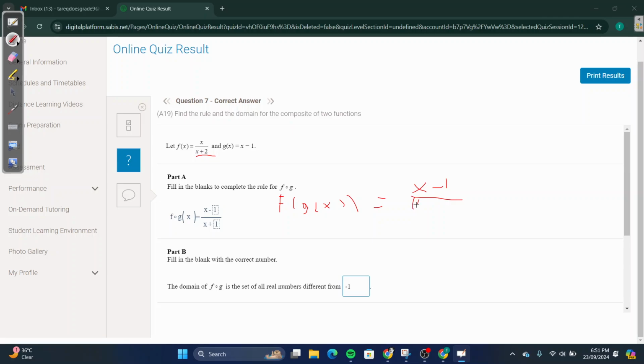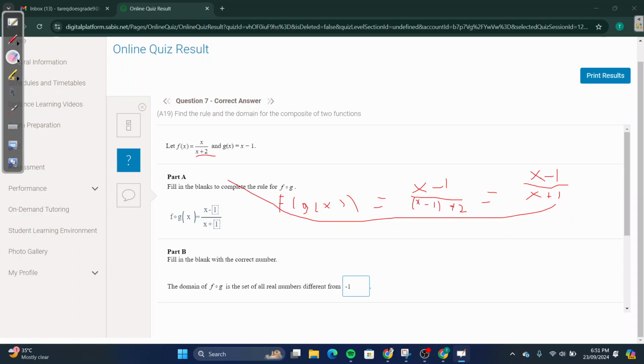So this simplifies into x minus 1 over x plus 1. Since x minus 1 plus 2 gives x plus 1, that's your answer.